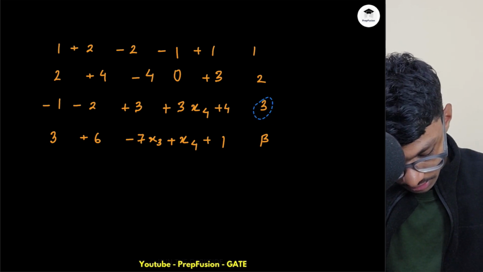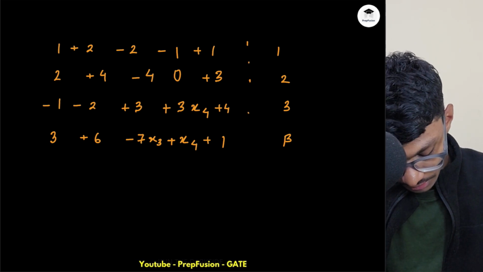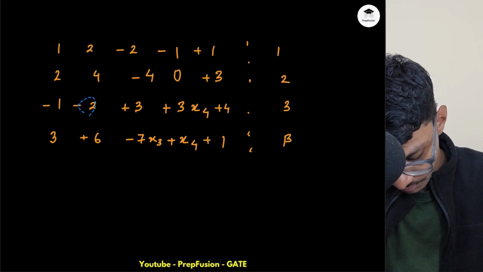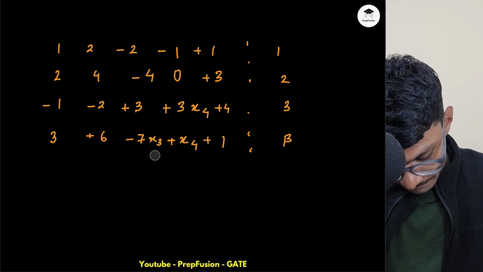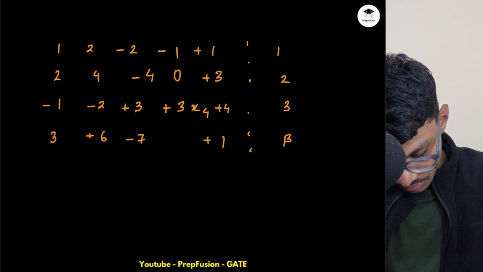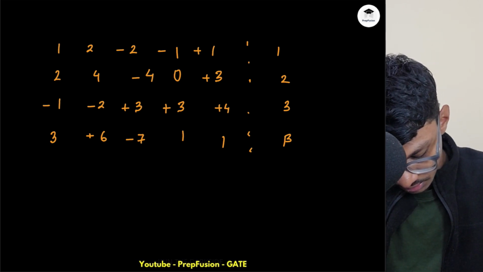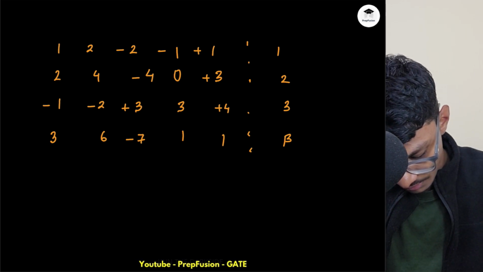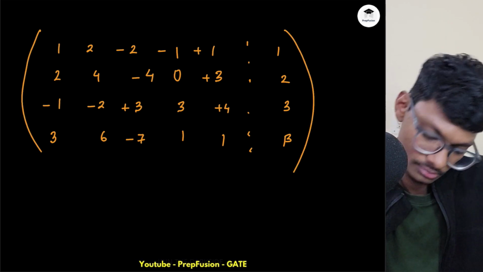Let me rearrange these things. This is -1, fine. I can just remove the positive signs over here and rearrange them. x3, this is 1, this is -1.